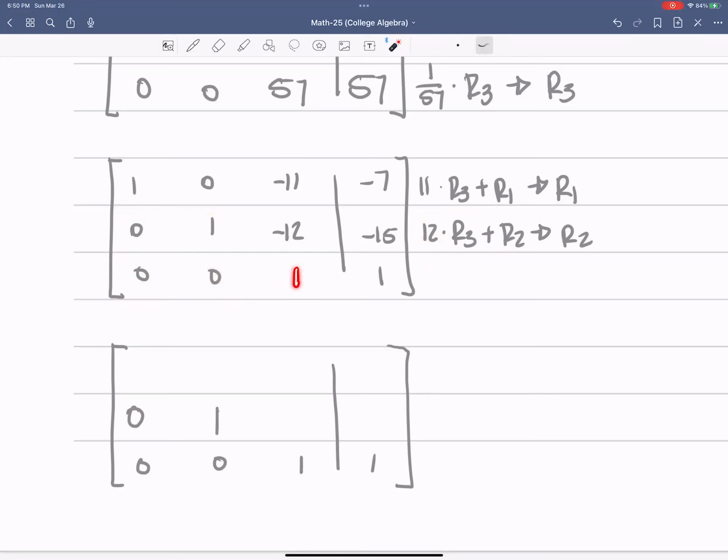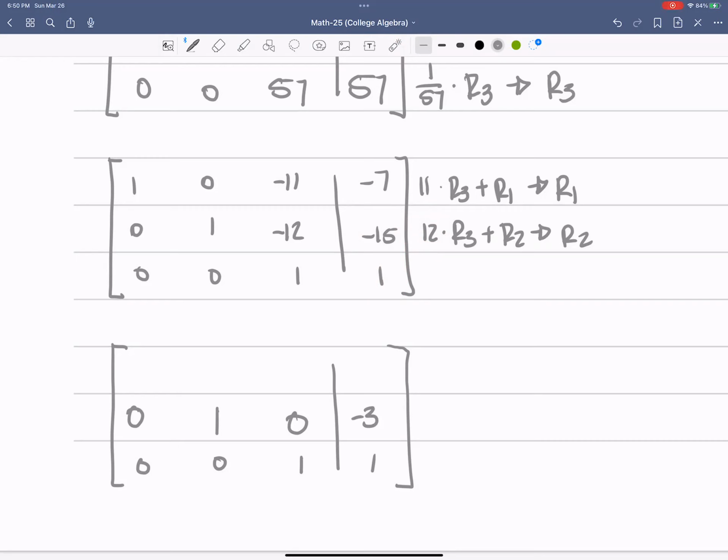And then we have 1. 1 times 12 is 12. 12 minus 12 is 0. And same thing here. 1 times 12 is 12. 12 minus 15 is going to be a -3. All right, looks good so far. So we finished row 2.